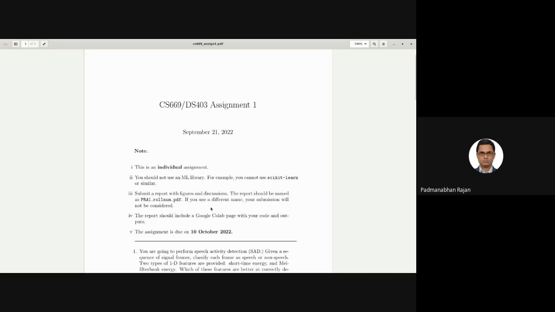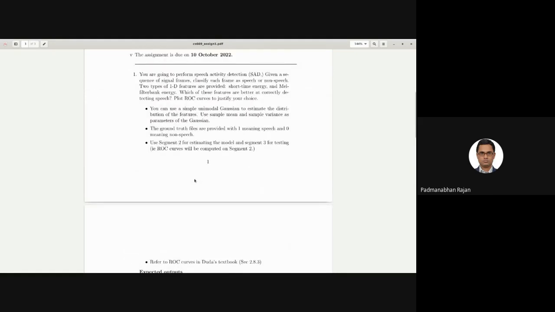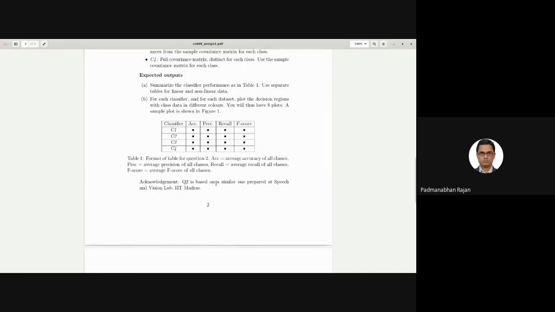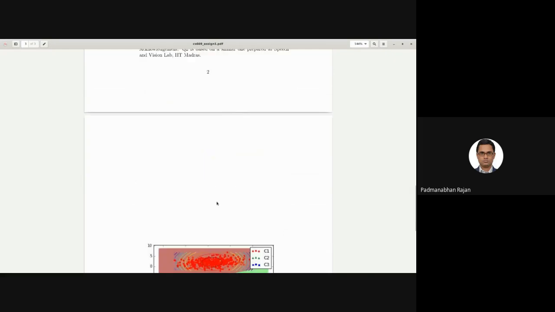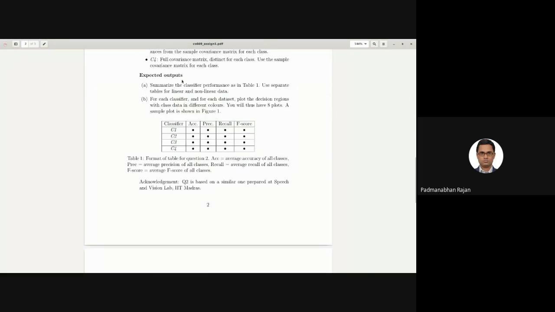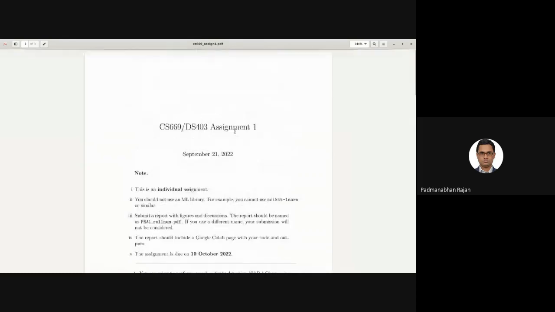And in the report you should write what you observe. There are many things you need to infer from the assignment, from the results you get, and you need to fill up some tables and make some figures. All of that you should put in the report. Okay, and you need to summarize the classifier performance. Go through this in detail. I will upload this on Moodle today.